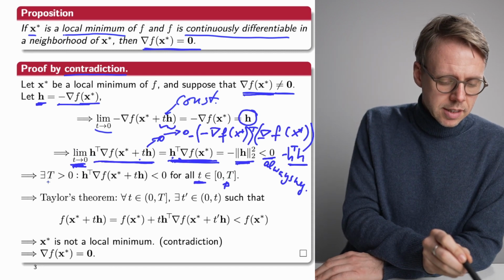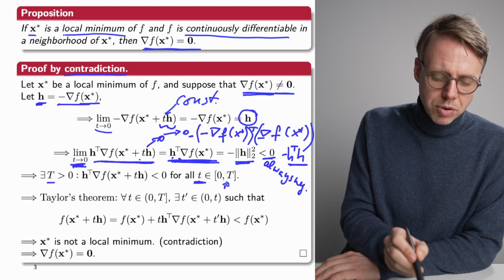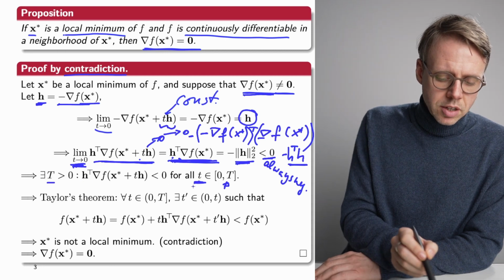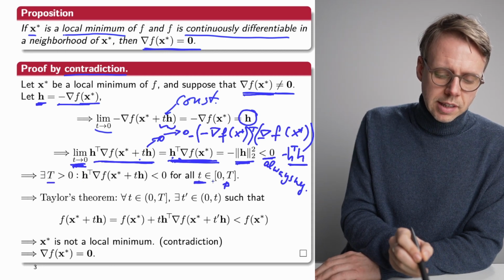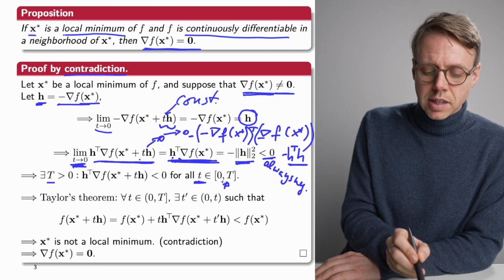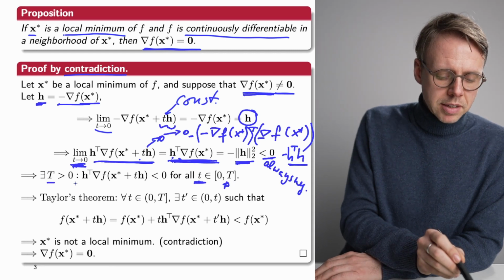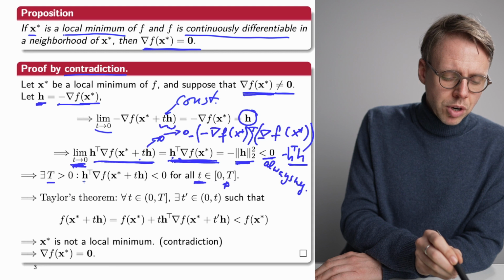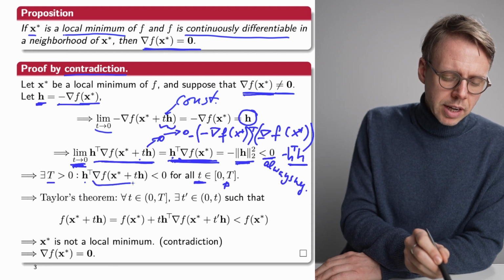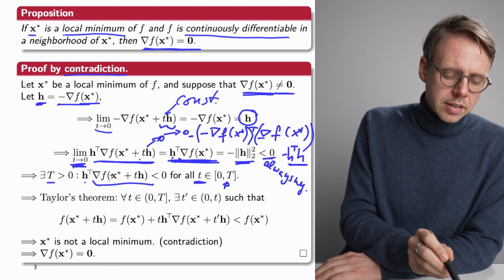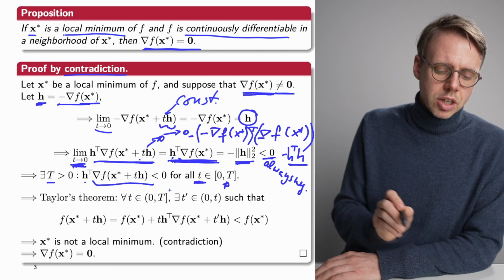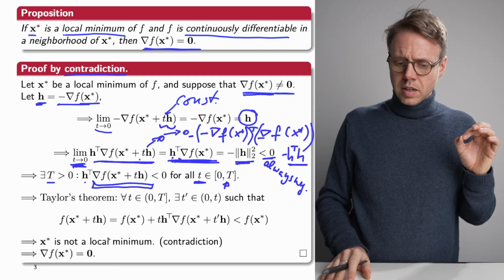So there exists a capital T, this is this upper bound, such that for all little t in the interval between 0 and capital T, the product of h and the gradient of f at x star plus th is smaller than 0.